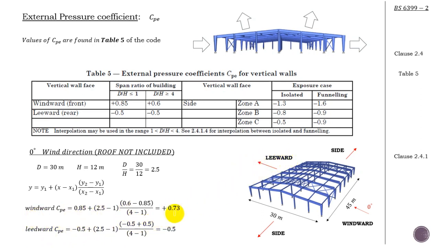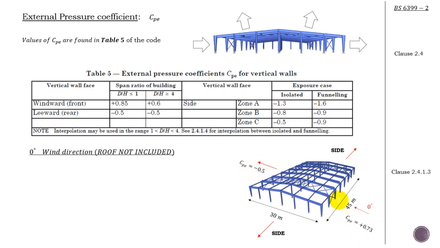So for the first one, it turns out to be a positive 0.73, and remember, it's somewhere between these two values. And then it's just negative 0.5 because nothing in between, okay? So that's it. We have the external pressure coefficient for the windward and the leeward, right?